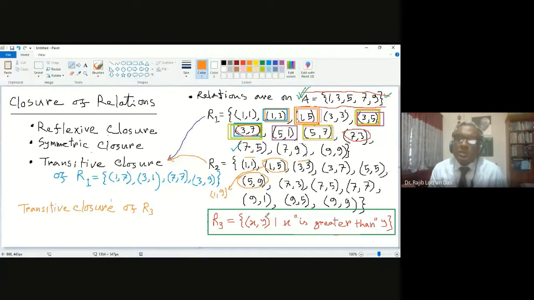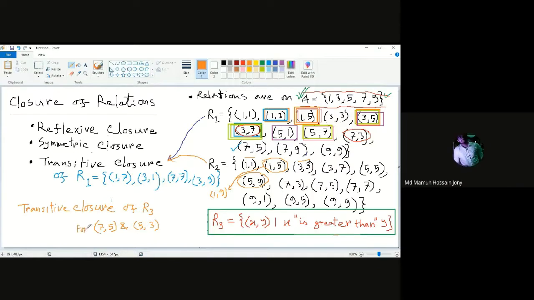That's it. So if you think about two elements, say 7 comma 5 and another one 5 comma 3, what do you think? Do you have 7 comma 3? It will be present.